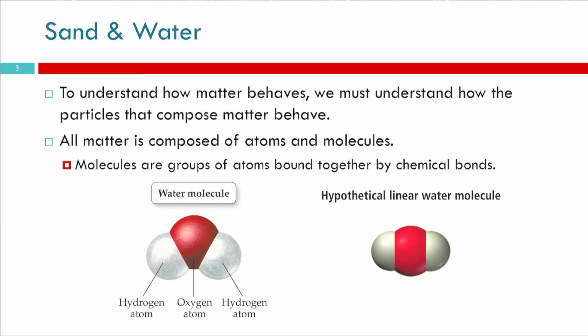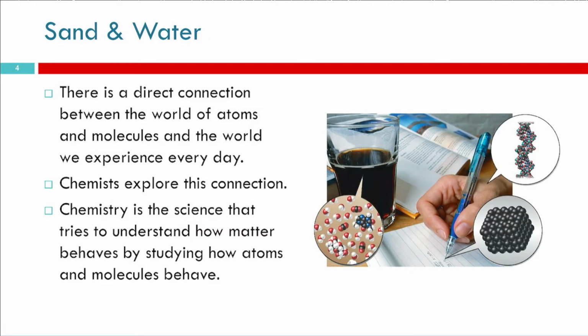It's the fact that it's in this particular bent shape. That bent shape is what gives water its properties, because you can have other molecules that are just three atoms stuck together. But we'll get there. Building blocks.